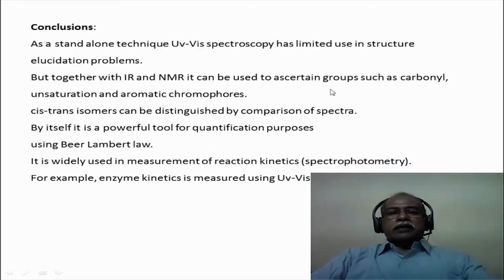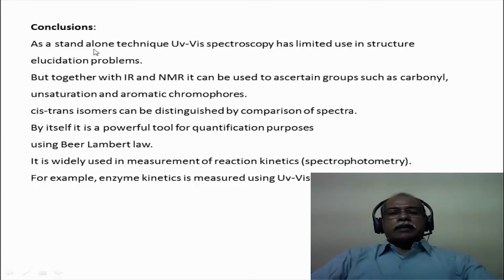So what we have seen in the last two modules is that as a standalone technique, UV visible spectroscopy has very limited use in structural elucidation problems. But when it is put together with infrared and NMR spectroscopy, it can be used for ascertaining certain functional groups like carbonyl, unsaturation and aromatic chromophores. Of course, IR and NMR can by themselves tell about the presence of carbonyl and aromatic functional groups.